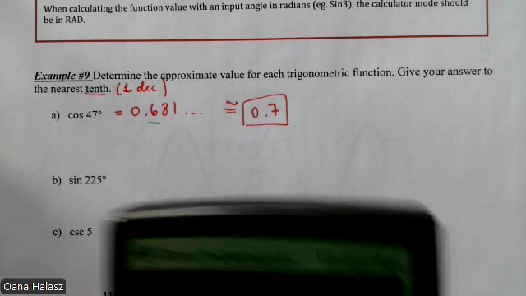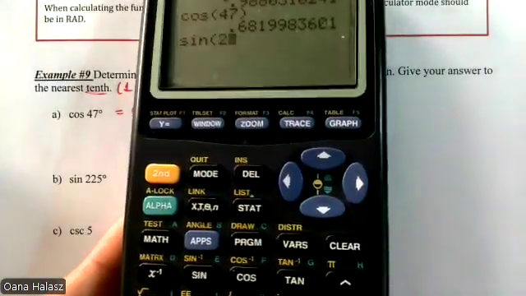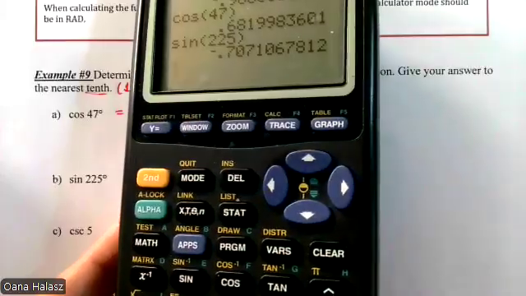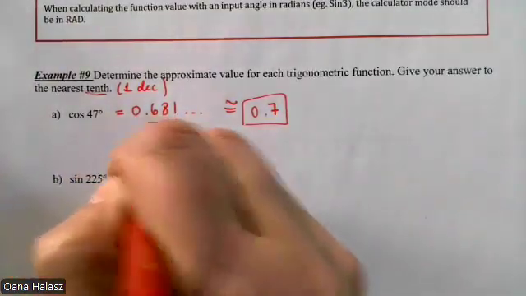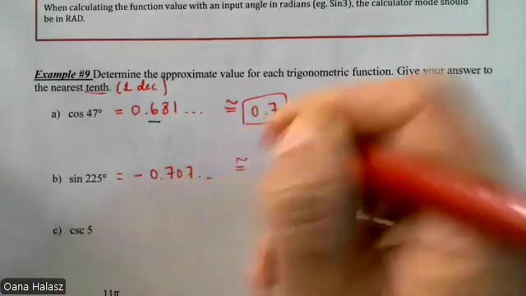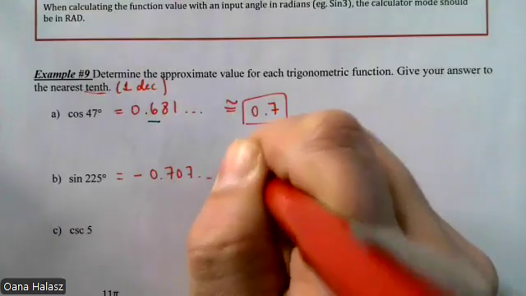Sine of 225, again degrees, negative 0.707. So approximately negative 0.7.